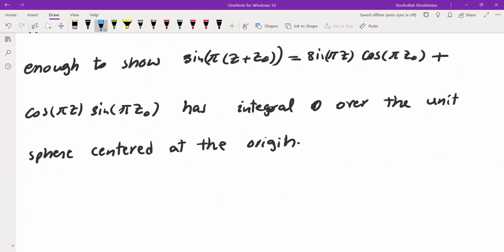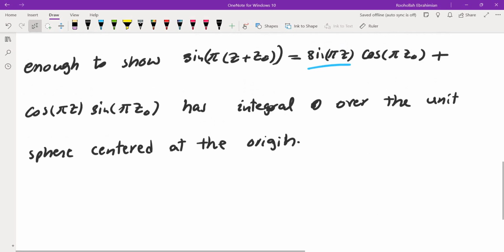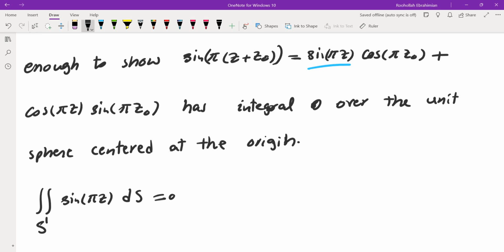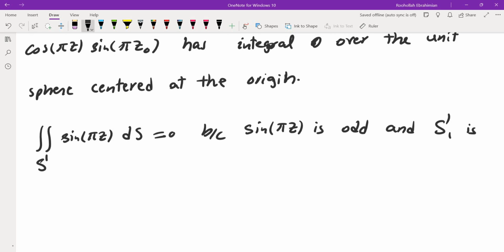If you look at this part, sine of pi z, that's an odd function. So the surface integral over the unit sphere of sine of pi z dS is 0 because sine of pi z is odd, and S1 is symmetric about the origin.